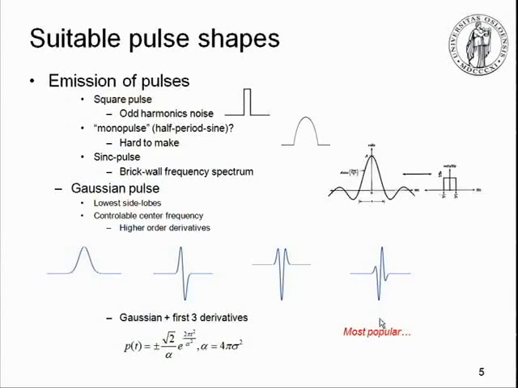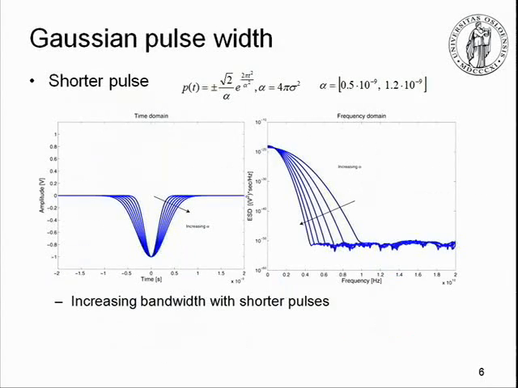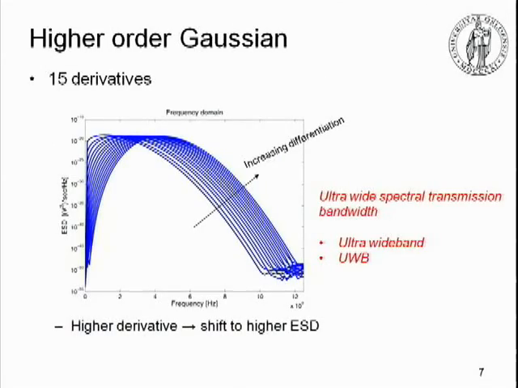I won't go into details, but we can explore these properties of the pulse: by changing the width, the narrower the pulse, the wider it is in frequency, and we can also play with the order, meaning which derivative of the pulse we're using.